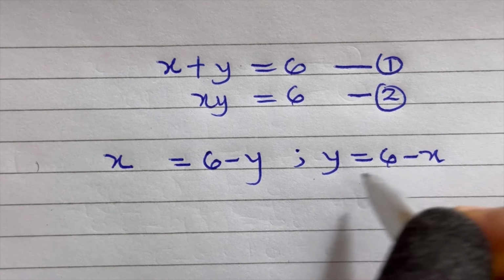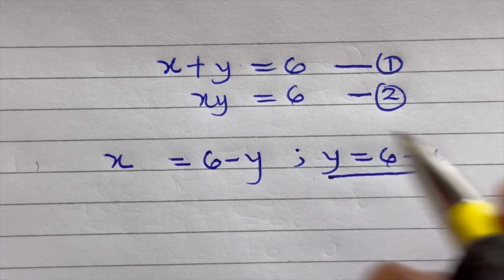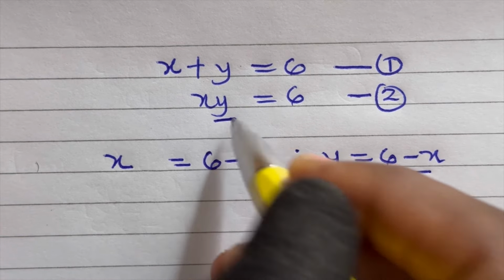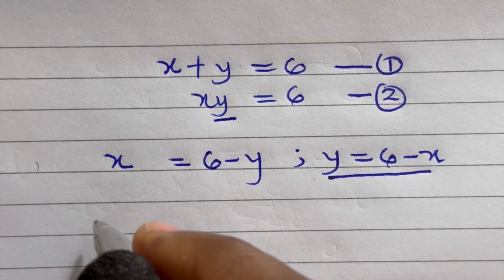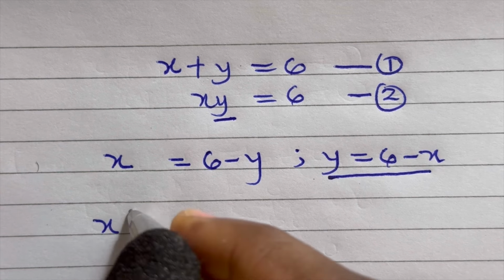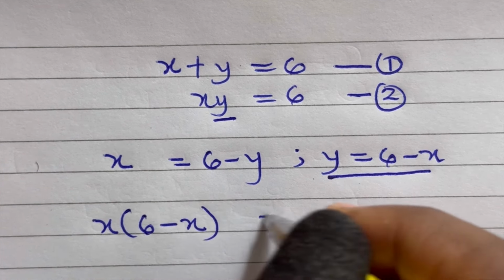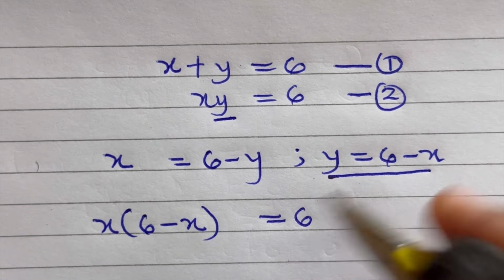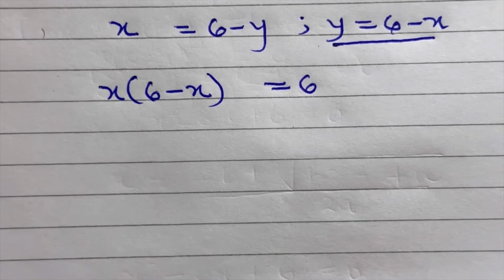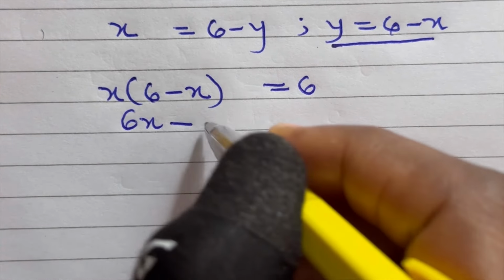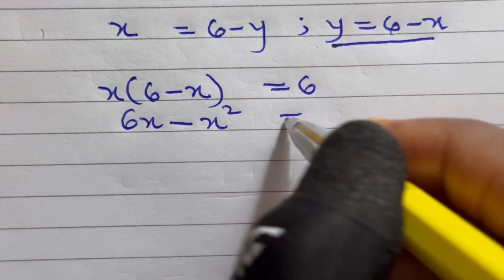I think I prefer to work with the second one, so that I will now substitute for y in the second equation. And when I do that, it becomes x into 6 minus x is equal to 6. Let us open up this bracket. So I have 6x minus x squared is equal to 6.